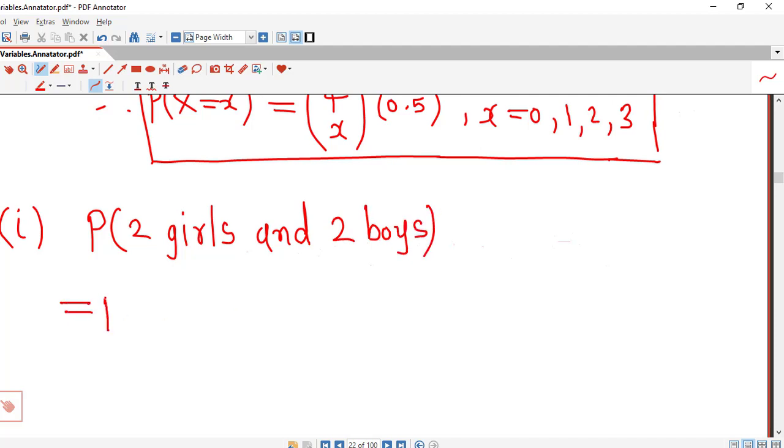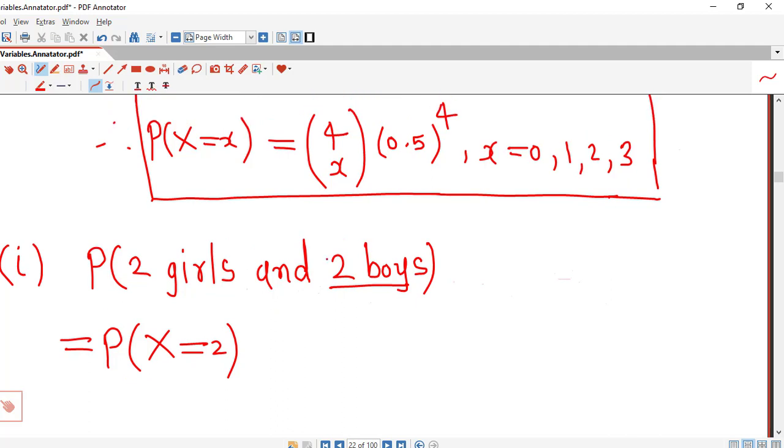So 2 boys means the corresponding event is x equal to 2. Small x has value 2. So we can put x equal to 2 in this formula, and we have 4C2 times 0.5 raised to 4.